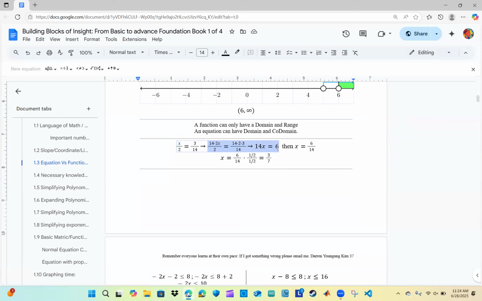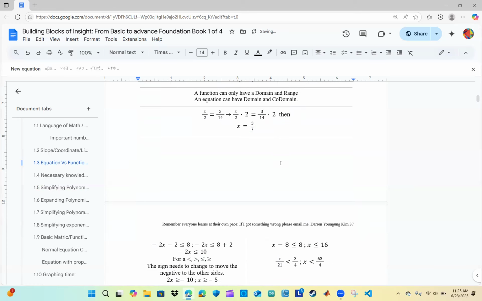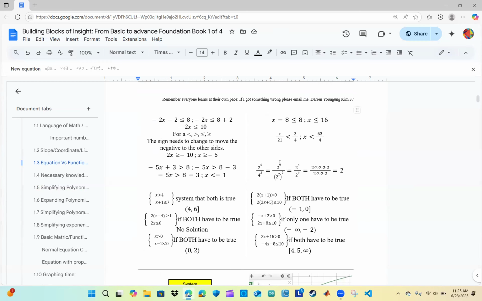You literally just multiply both sides by 2 and get this. What do you mean you need all those steps? No, you don't. What was I actually smoking? Okay.